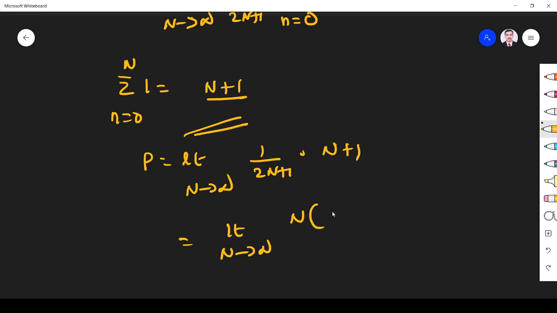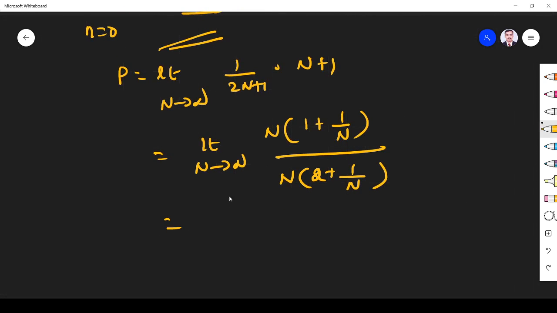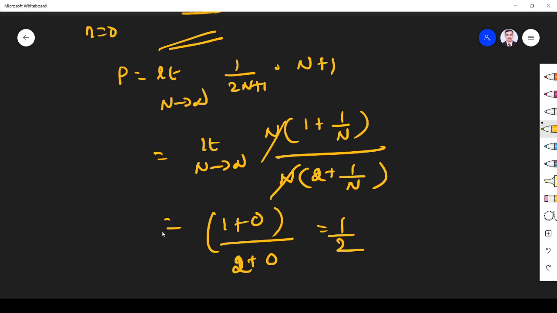In the numerator it is 1 plus 1 by n, and in the denominator it is 2 plus 1 by n. Now substitute n tends to infinity. The n cancels. 1 plus 1 by infinity, which is 0, divided by 2 plus 1 by infinity, which is 0. The answer is 1 by 2. That's what your power is.